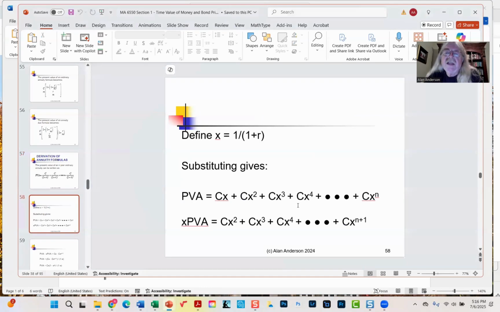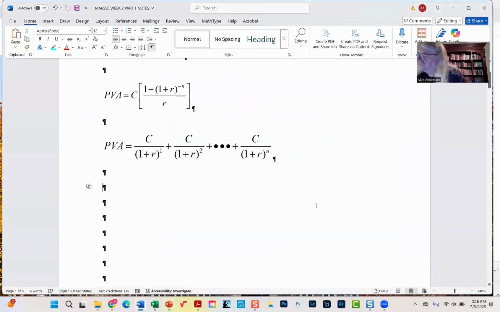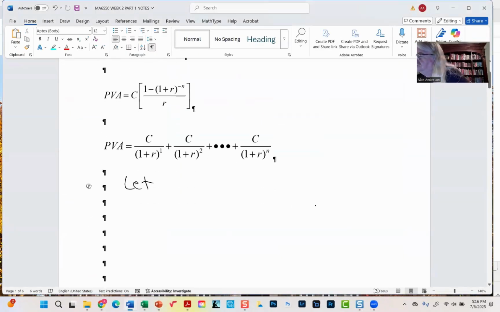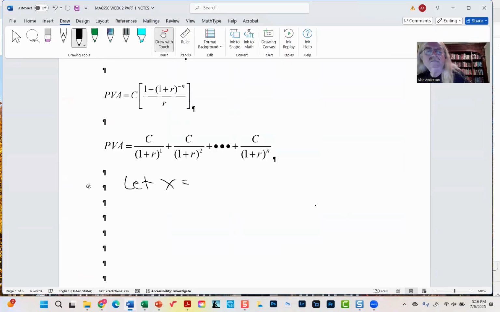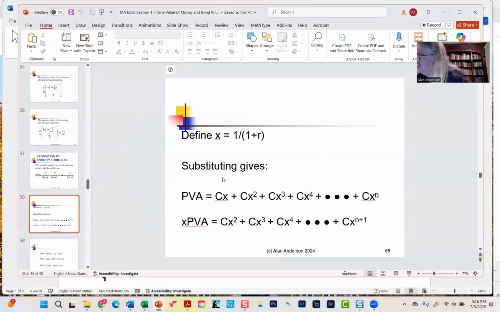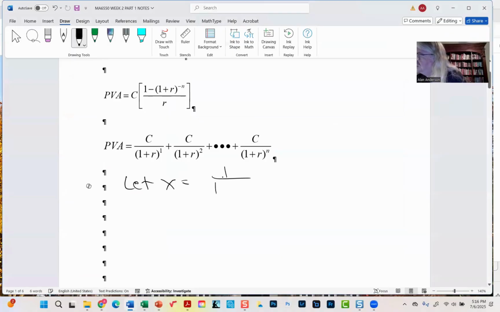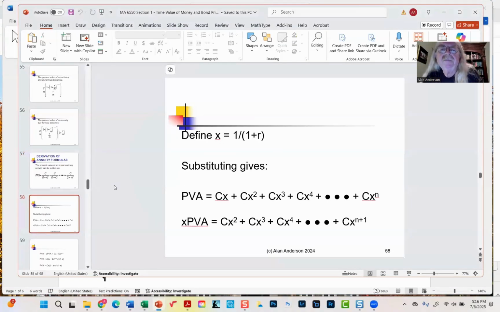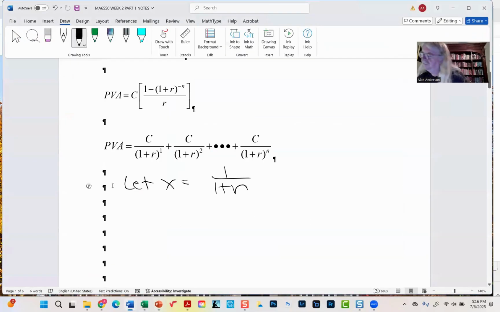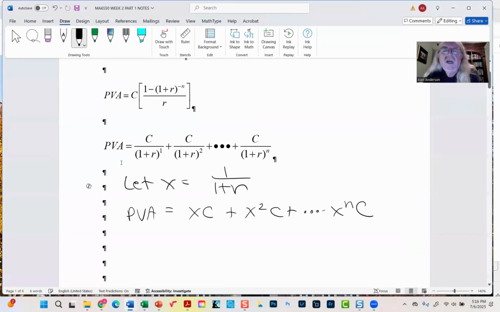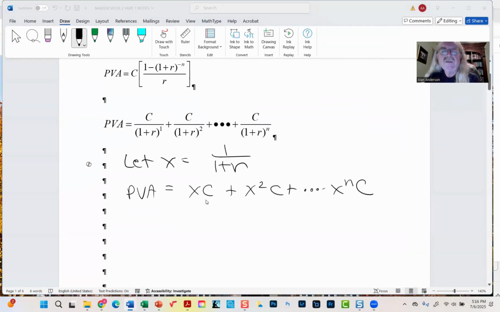What we can do is define X to be 1 over 1 plus R. So if that's the case, then PVA equals XC plus X squared C plus dot dot dot X to the N C. There's nothing mysterious about that, but here's the interesting part.